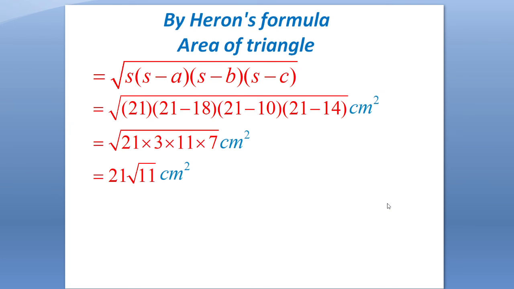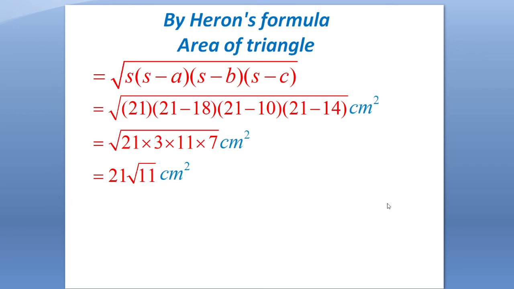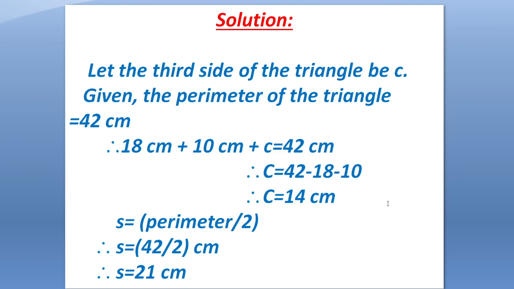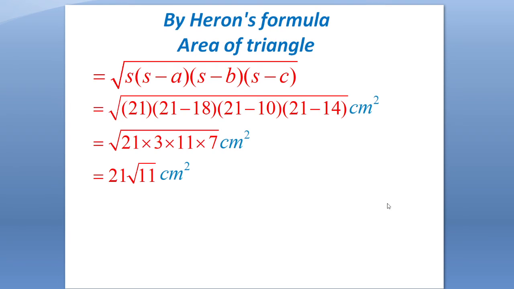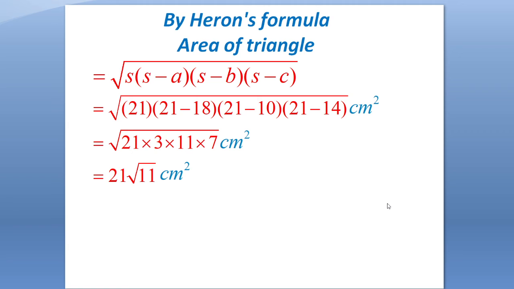Now again use Heron's formula to find out the area of the given triangle, which is equal to under root S into S minus A into S minus B into S minus C. S is 21, A is 18, so 21 minus 18, B is 10, 21 minus 10, C is 14, so 21 minus 14.